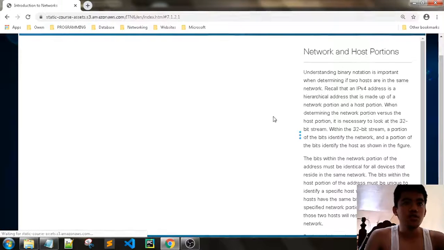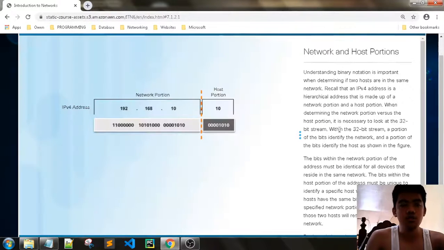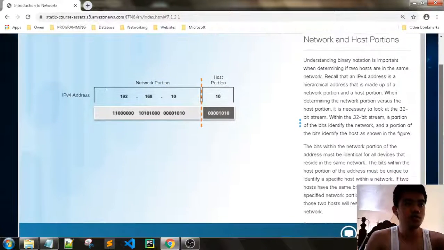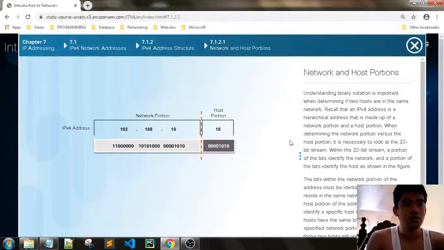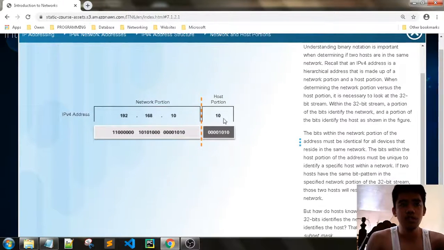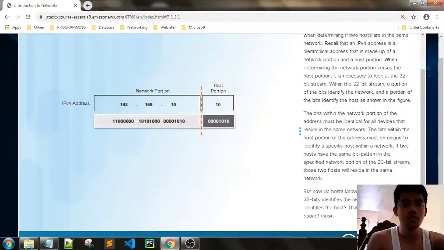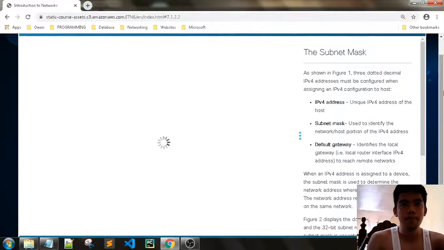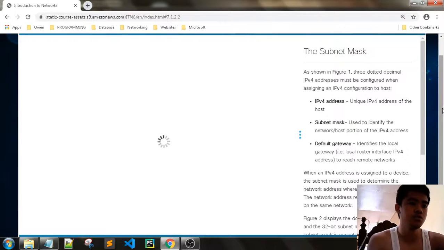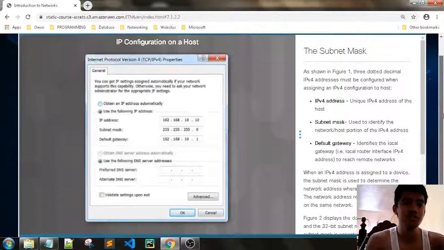In an IP address, we also have the network and host portion. In a 32-bit address, in this example, you have 192.168.10 as the network portion, and the last 10 as the host portion. We use the subnet mask for determining the network portion. The subnet mask identifies the number of bits as the network portion, and the remaining bits would be the host portion of the IPv4 address.